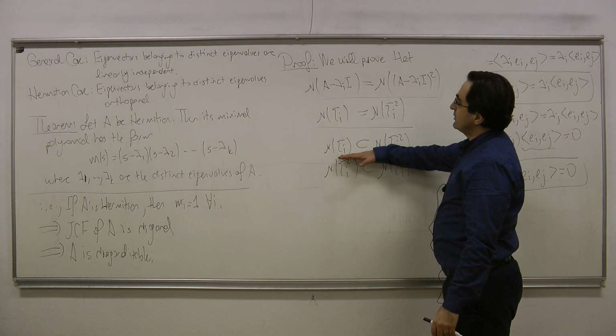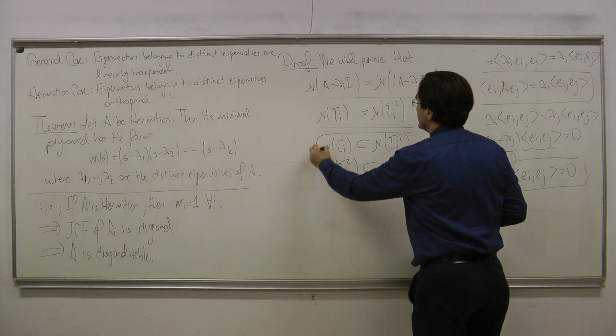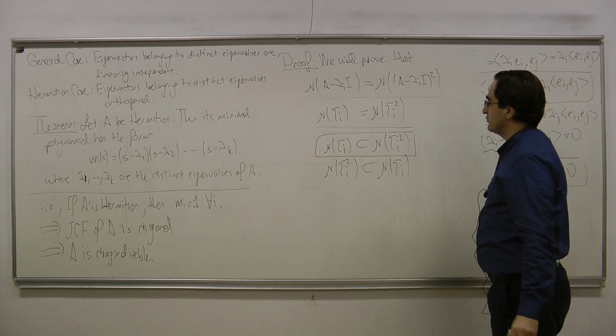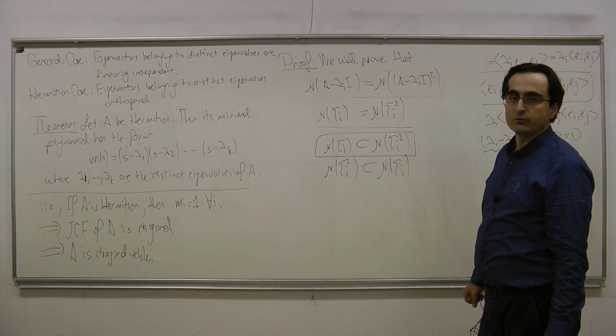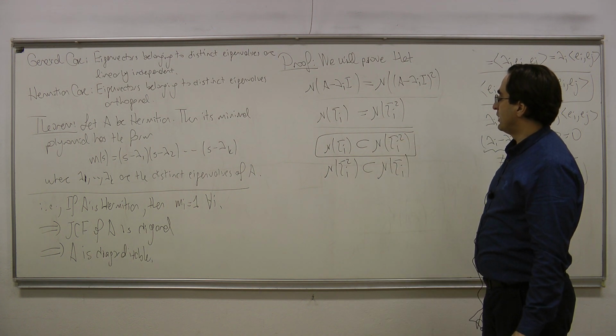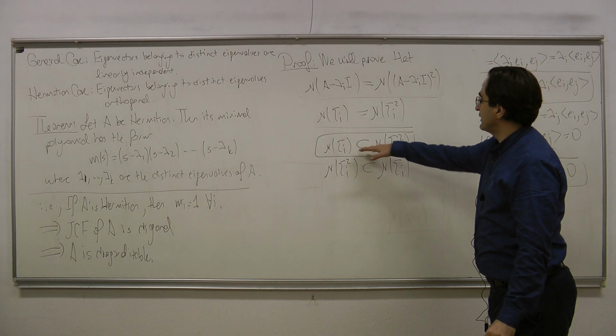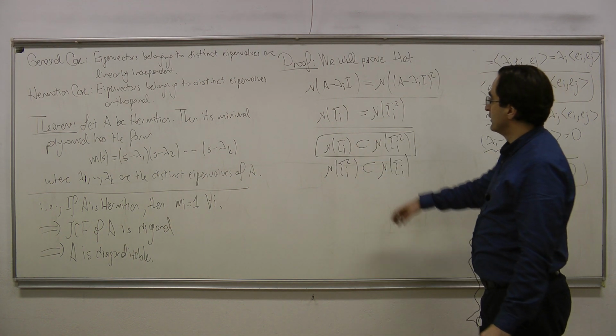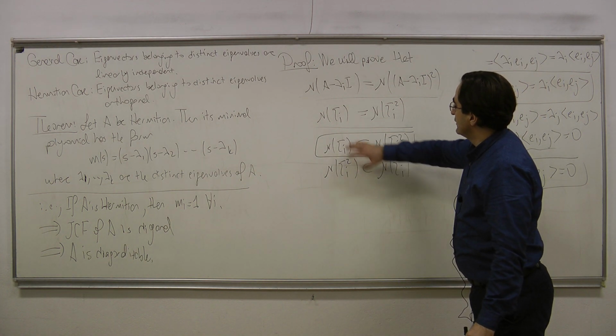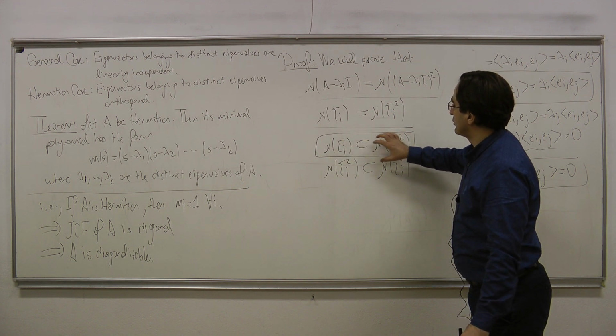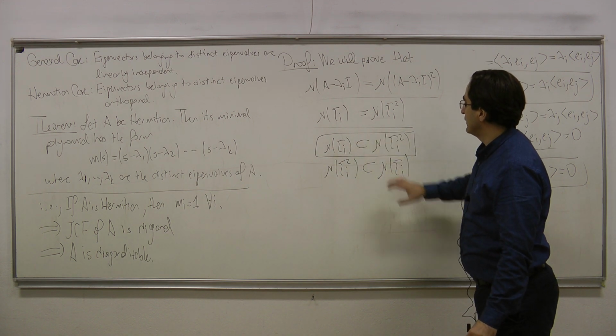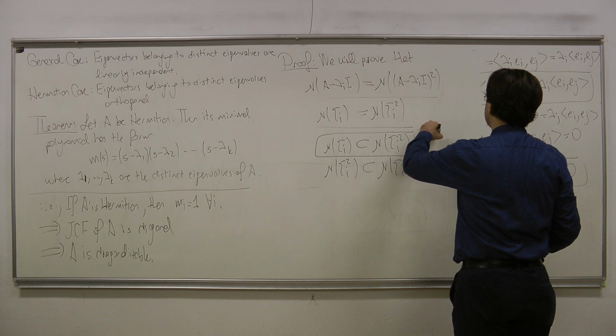In the earlier parts of this course, we have already proved that such a subset relationship would always hold. When we looked at the structure of these null spaces, we already showed that these null spaces would either grow or remain equal. So this was already shown.